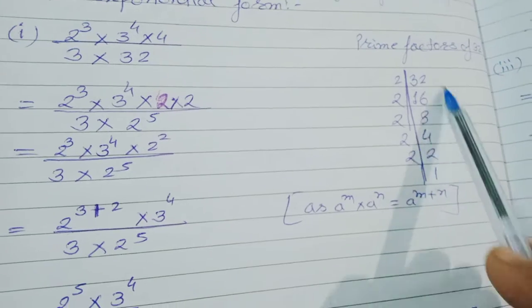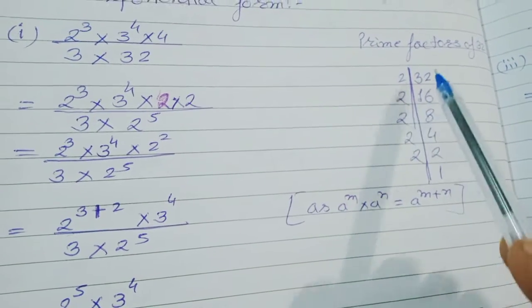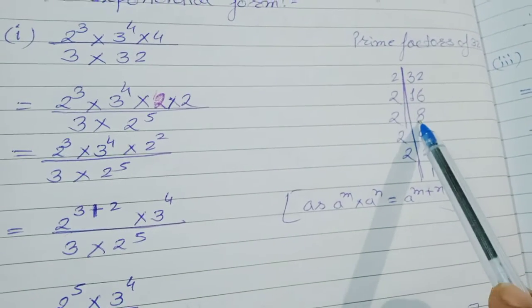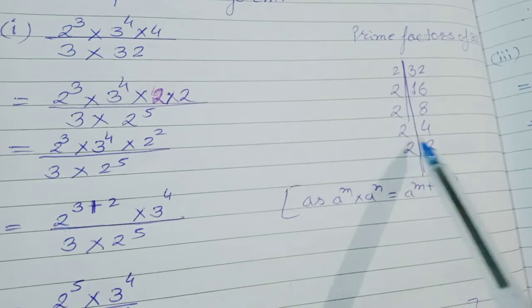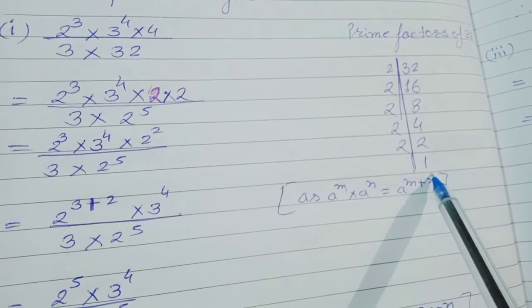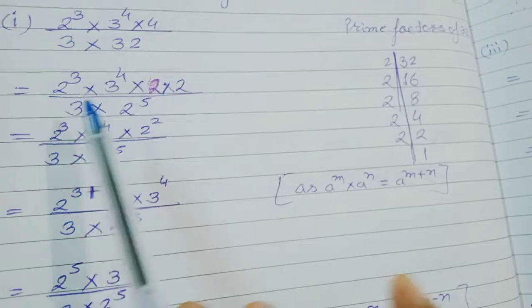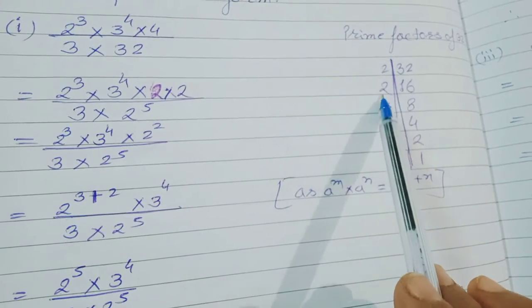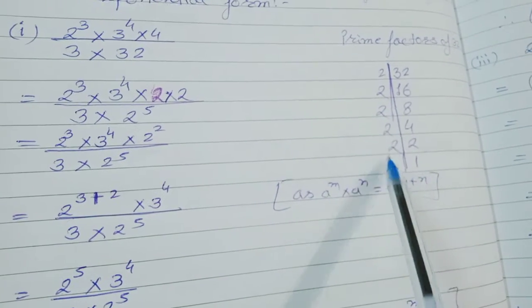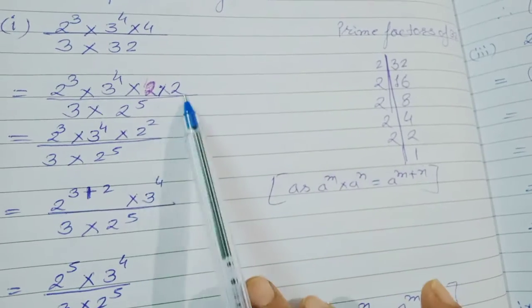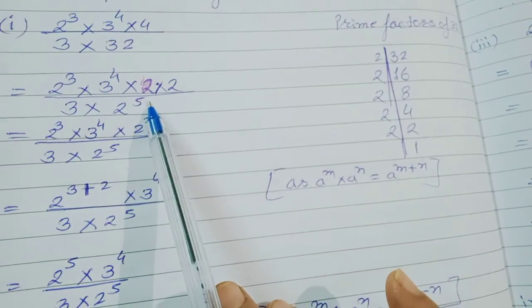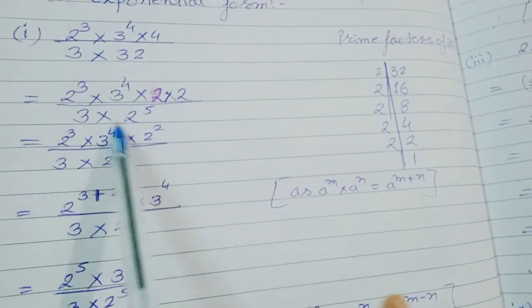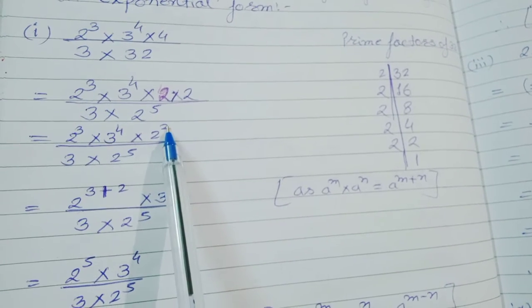You know the prime factorization: 2 1s are 2, 2 6s are 12, then 2 8s are 16, 2 4s are 8, 2 2s are 4, 2 1s are 2. So here 1 2 3 4 5, 5 2s are there, so 32 can be written as 2 to the power 5. The next rest one is as it is.